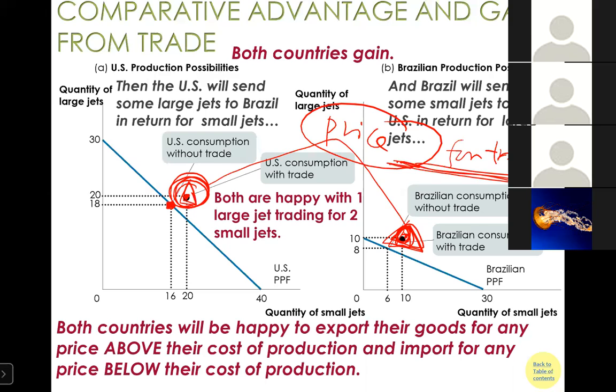The price is going to be higher than the opportunity cost for whoever produces, meaning I sell at a higher price than my cost. And the price is lower than what the buyer would pay, meaning I find a bargain in the international market. So this is going to benefit both the seller who specializes in producing that and the buyer who specializes in producing something else. Right, so this is comparative advantage.